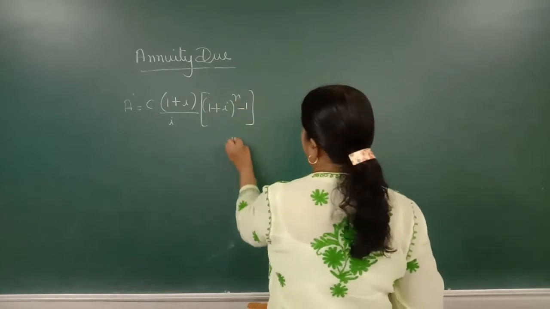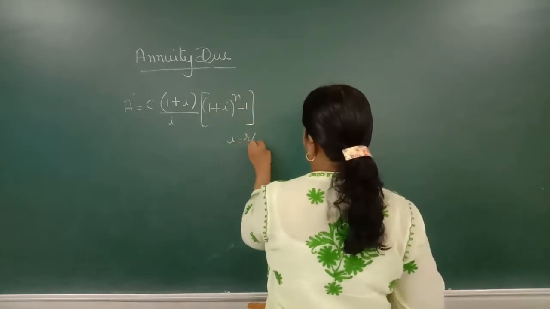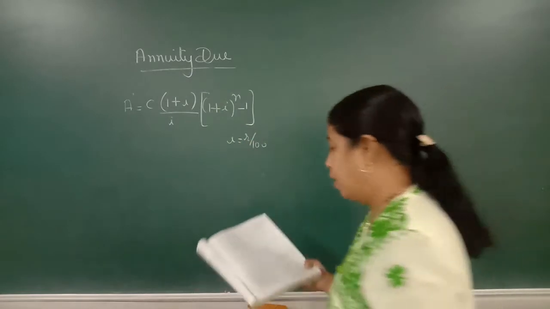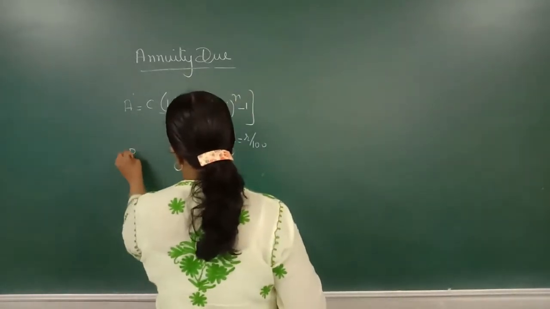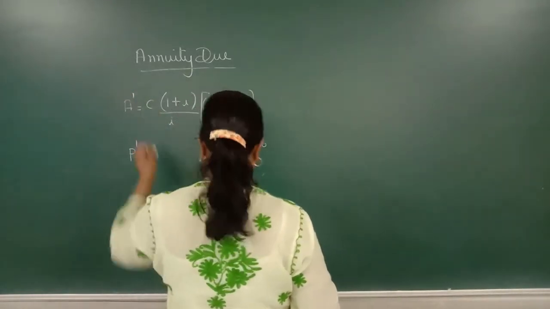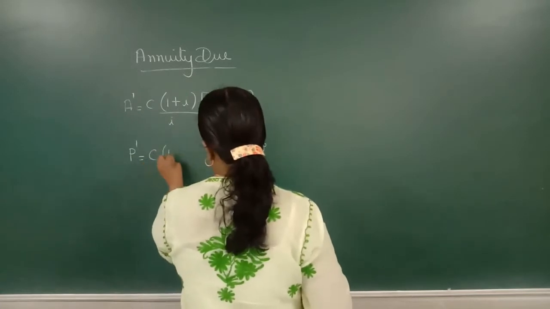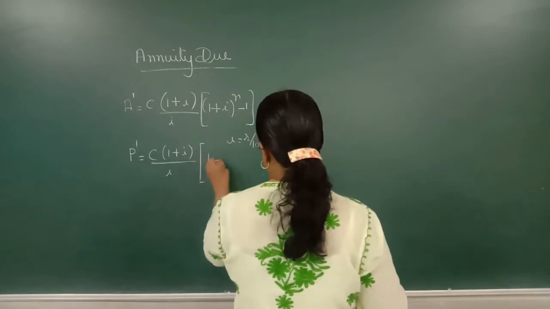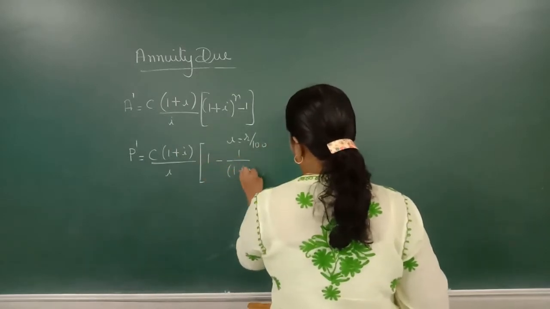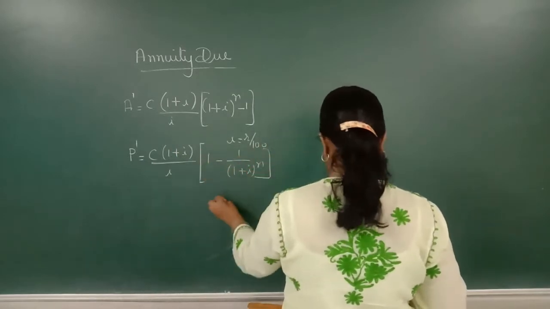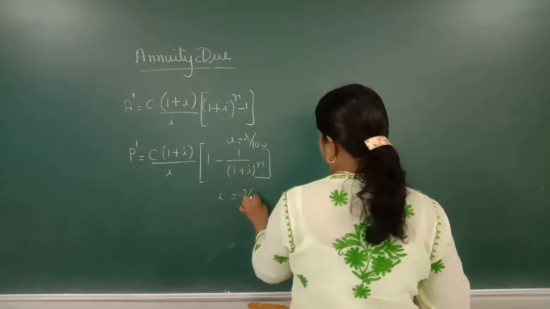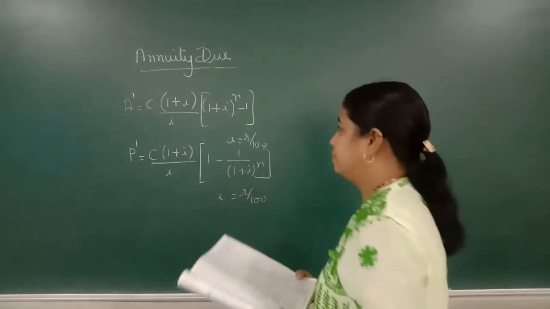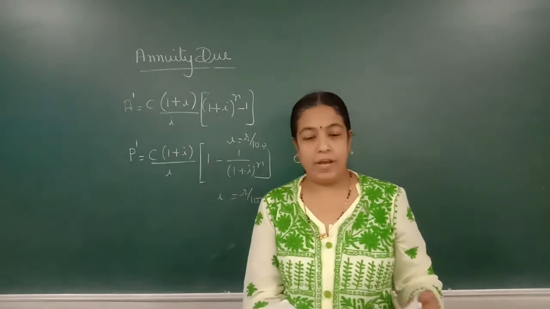Here i remains the same, that is r upon 100. Now the present value, or present worth, is C into bracket 1 plus i upon i, into 1 minus 1 upon 1 plus i to the power n. Here also i remains the same, that is r upon 100. These are the two formulas which we are going to use.